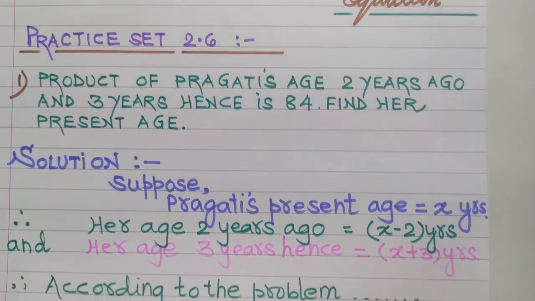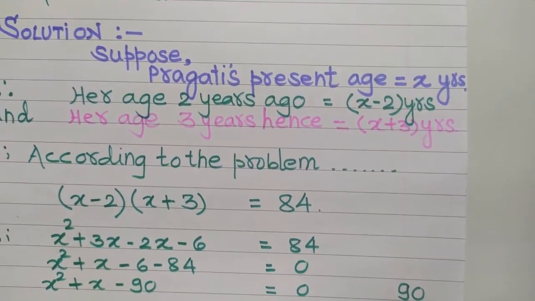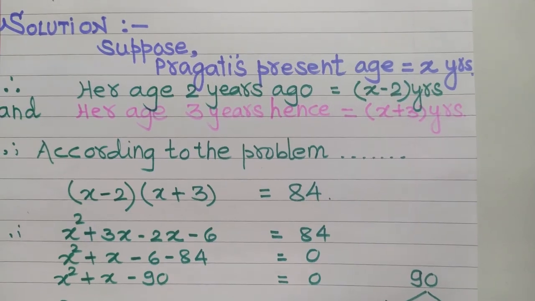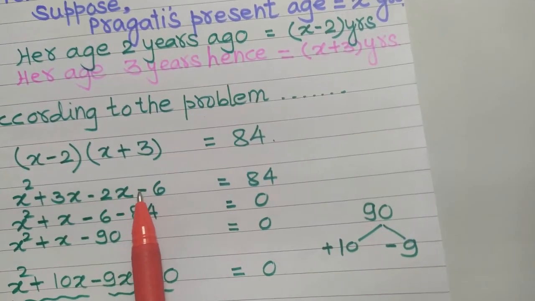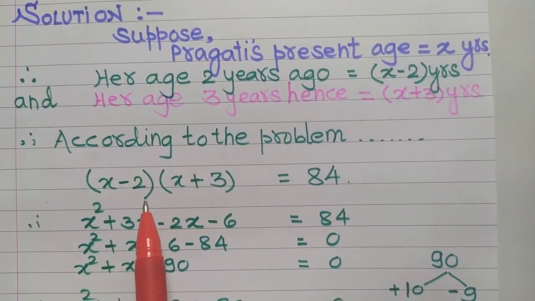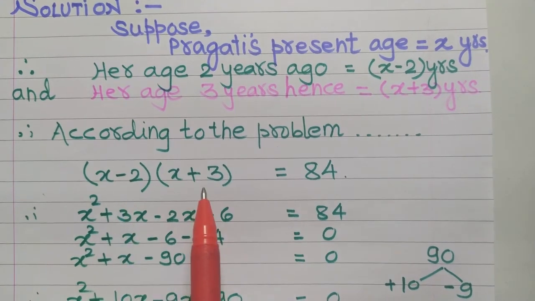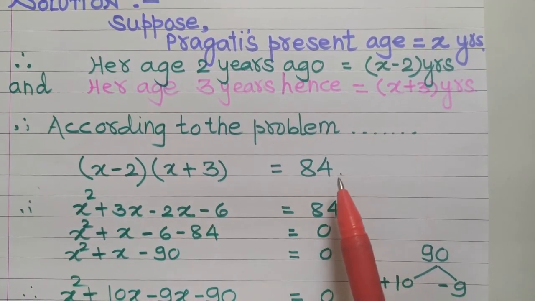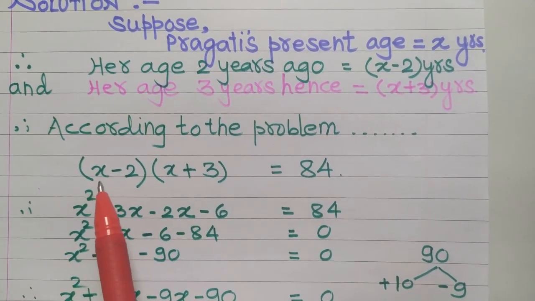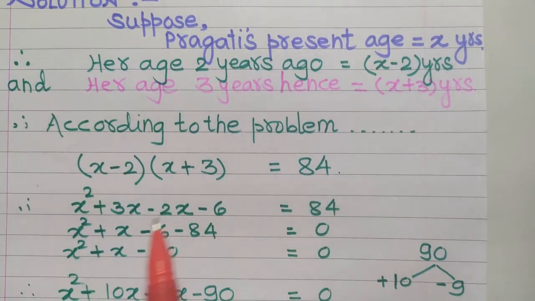So according to the problem, the product of her age 2 years ago and 3 years hence is equal to 84. So (x minus 2) into (x plus 3) is equal to 84.